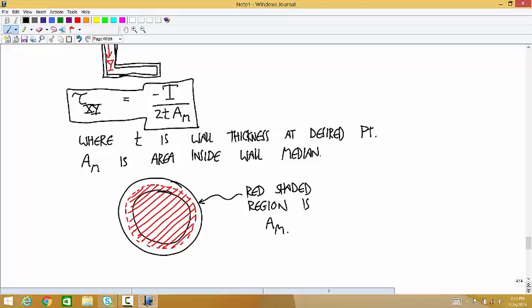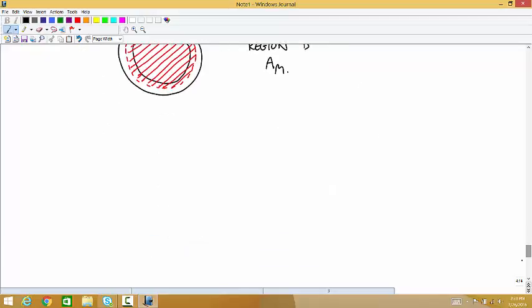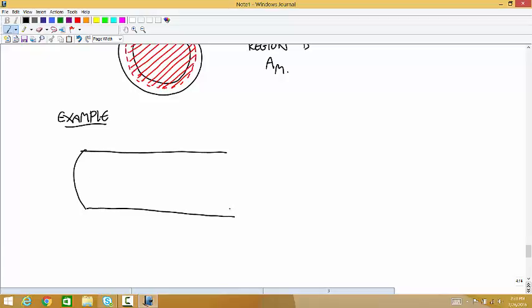Okay, well, let's do everyone's favorite thing to do. One single problem, two different ways. Compare the answers. So here is the example. Let's say that we have a hollow tube. If you don't like doing this, I urge you to reconsider.